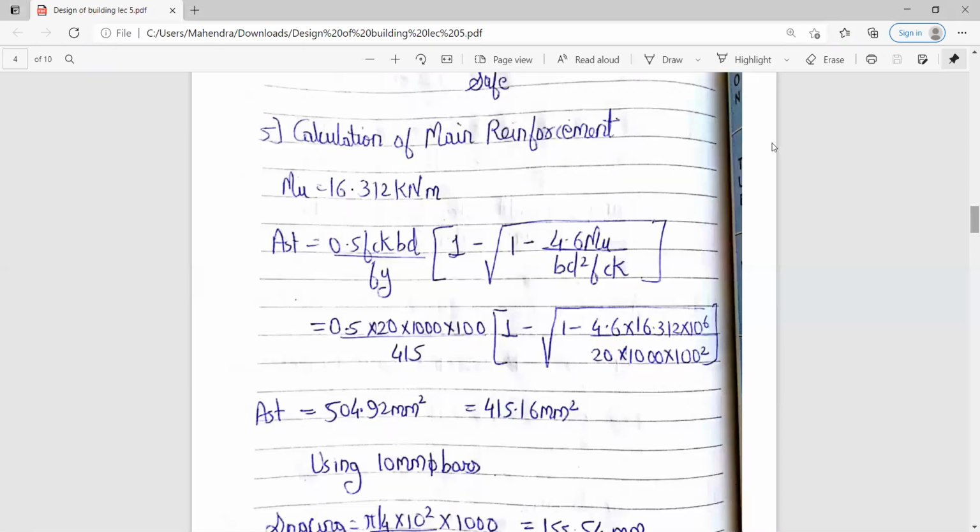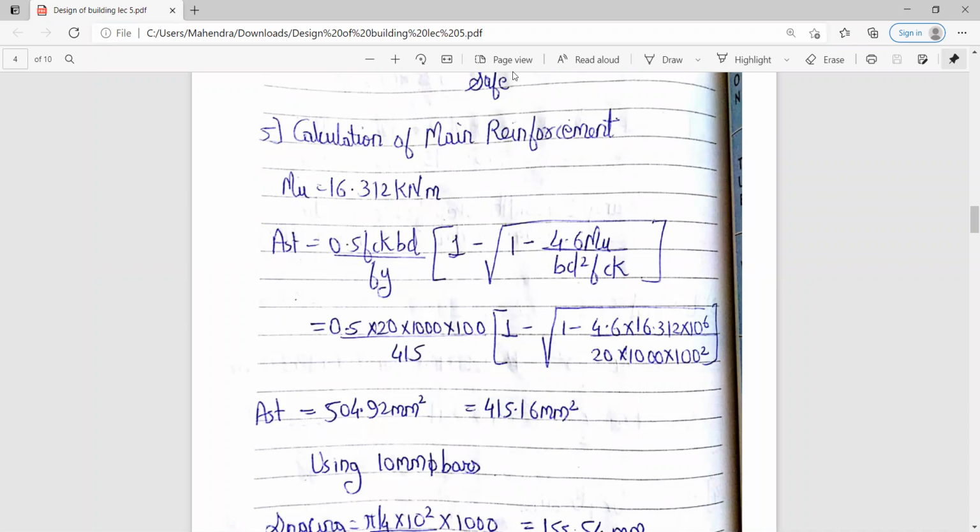Then calculation of main reinforcement. So for calculation of AST, again you have the formula, that is 0.5 FCK into B into D upon Fy in bracket 1 minus under root of 1 minus 4.6 Mu upon B D square FCK. FCK is nothing but the grade of the concrete that is given to you, that is 20, B is 1000, D is 100, Fy that is 415.